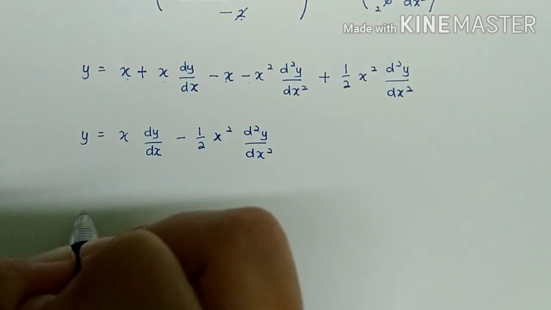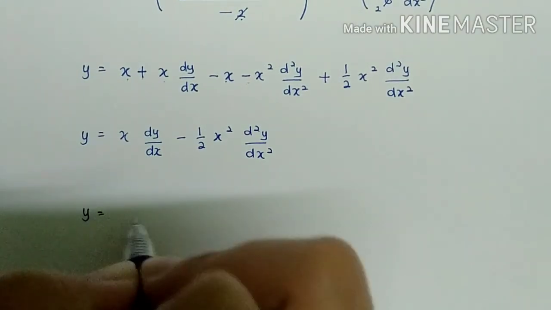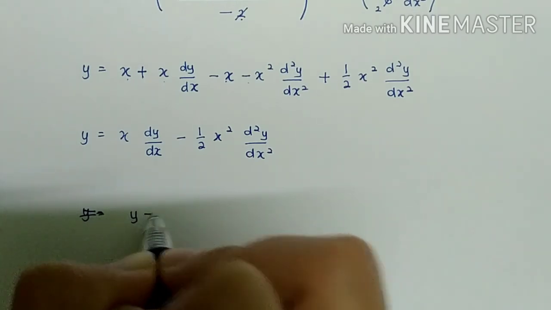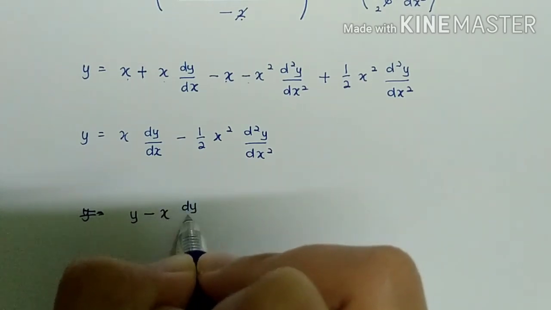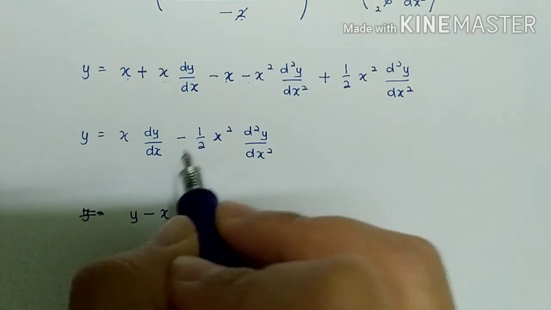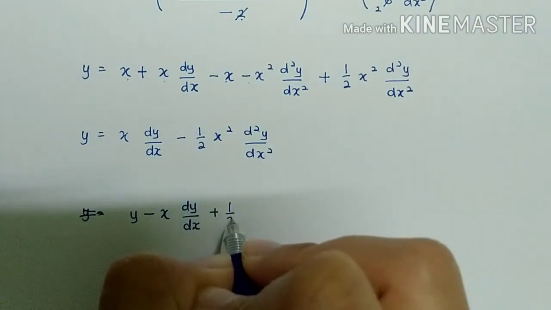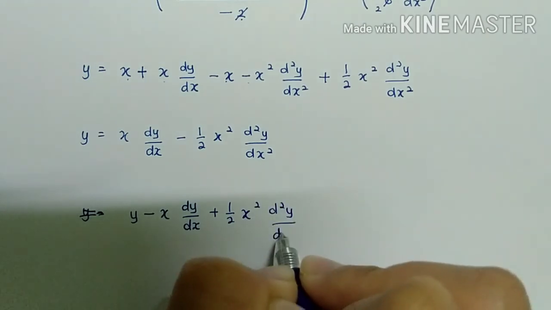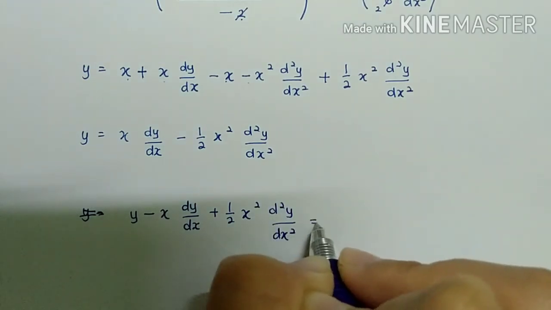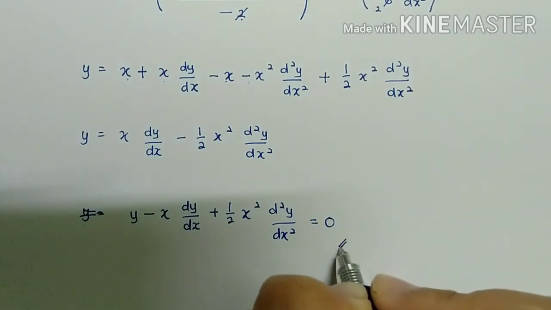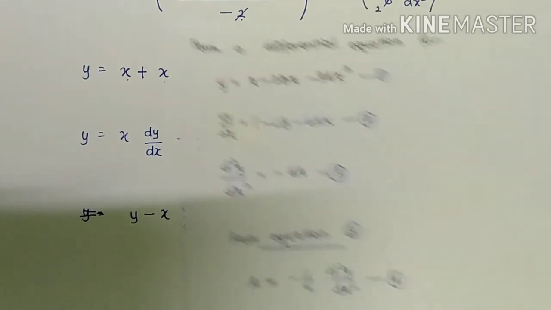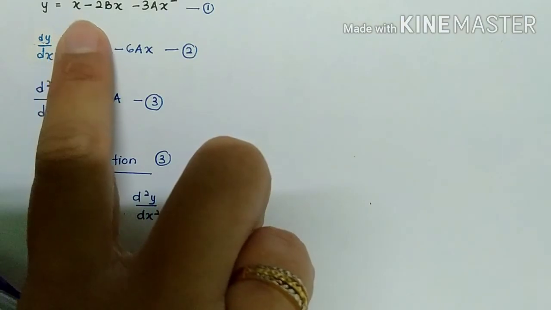So we have y minus x dy dx, and then plus 1 over 2 x square d square y dx square is equal to 0. So this is the differential equation for this equation just now.